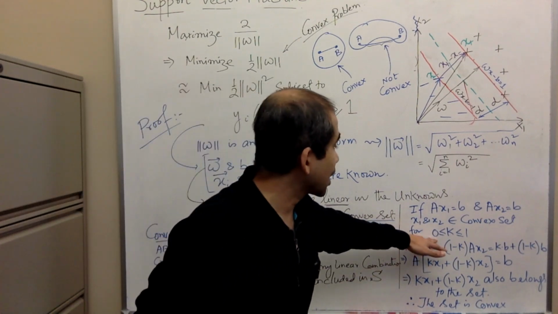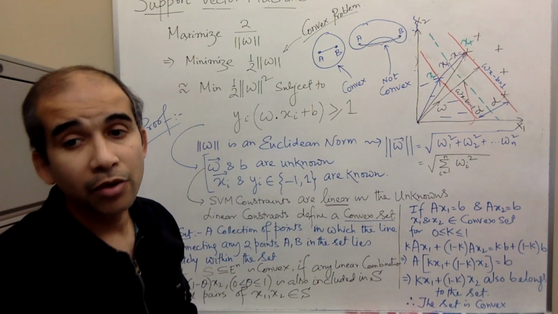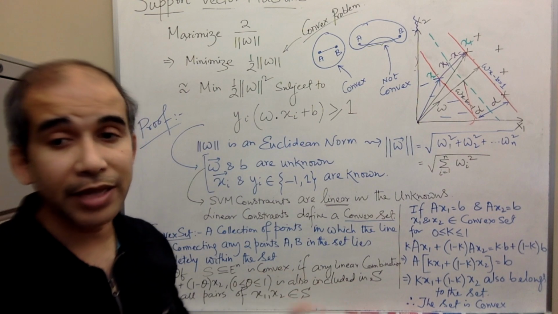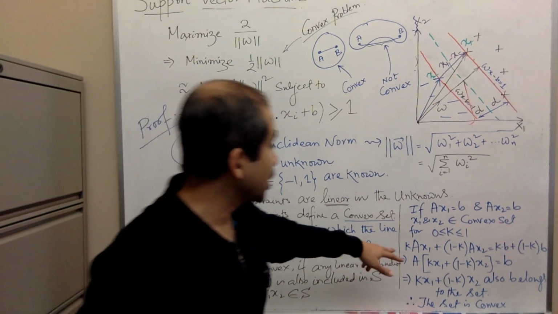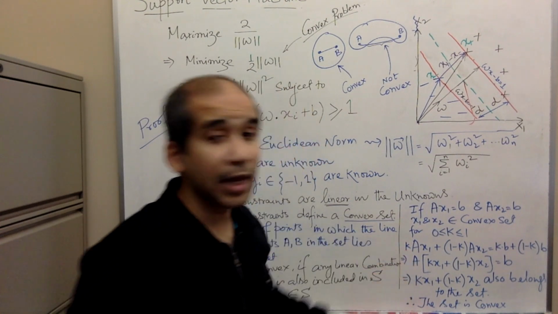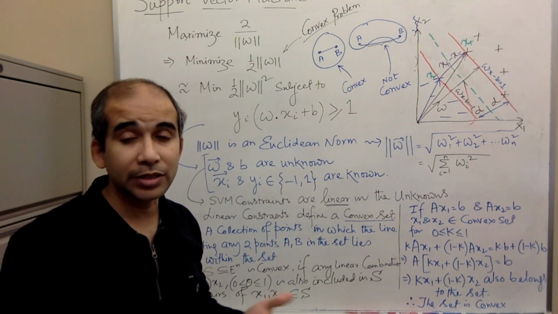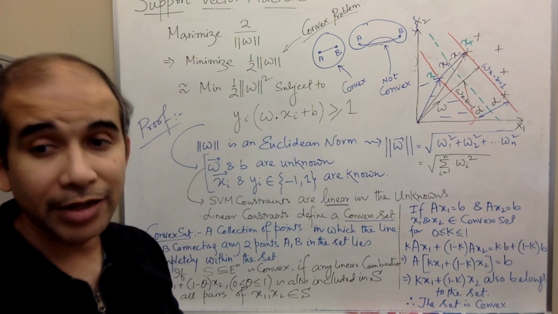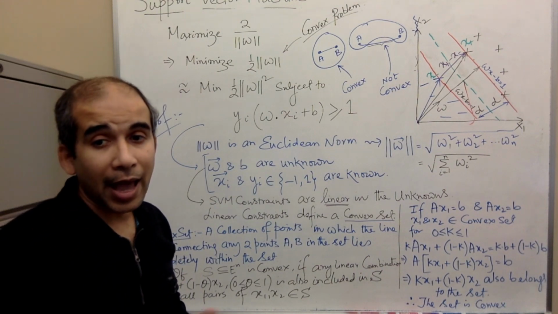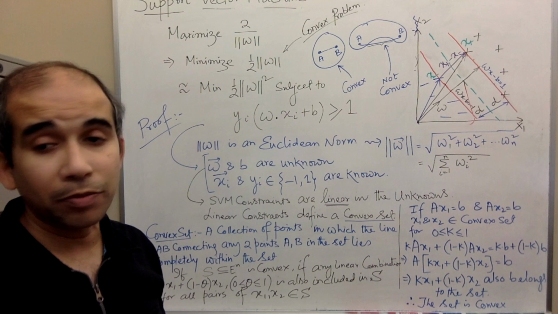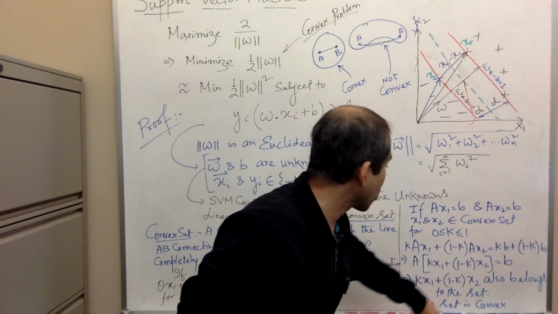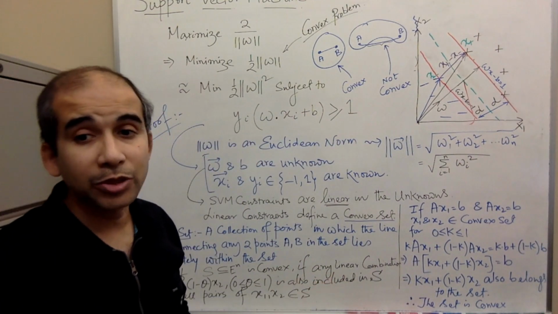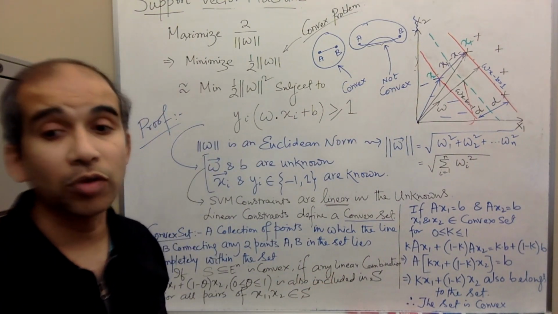Let there be a constant k which can take any value, 0 or 1 or anything in between, and we write the combination of points as k times a x1 plus 1 minus k times a x2. The right side will also be multiplied by k, and when we simplify with simple algebra, we find that a times k x1 plus 1 minus k times x2 equals b.